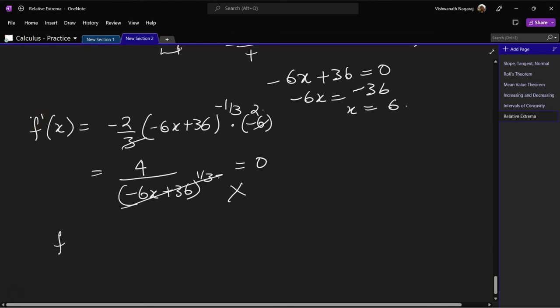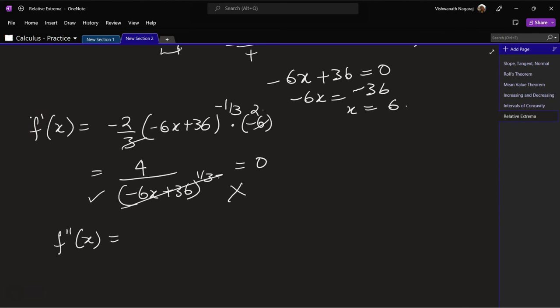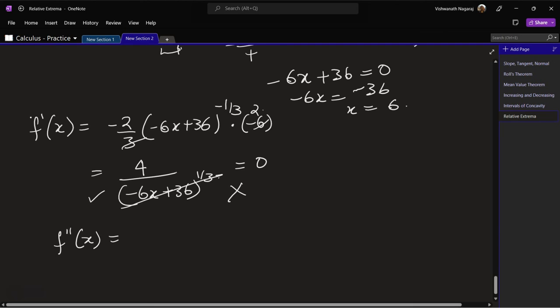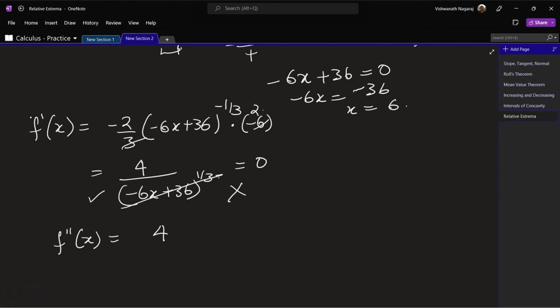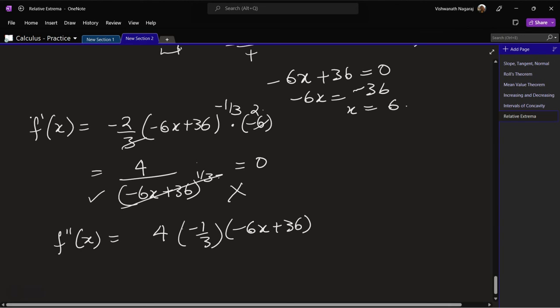So now let's see what happens if we take the second derivative of this itself. Since we are not going to be equating it to 0, we get 4. Again, if we take it up, this becomes minus 1 by 3. So minus 1 by 3 times minus 6x plus 36 to the power of 1 minus 1 by 3 minus 1.